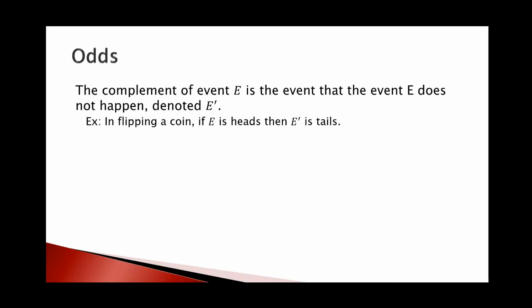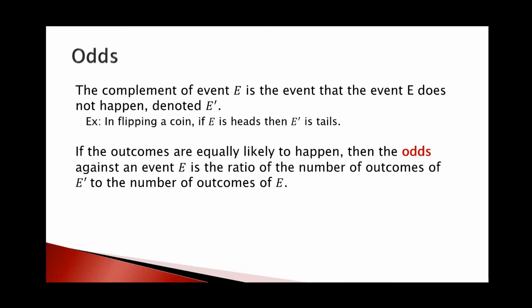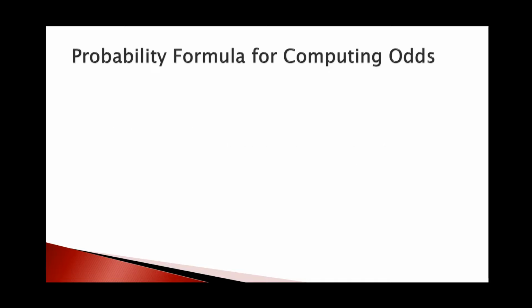For example, in flipping a coin, if the event E is the chance that we'll get heads, then the complement of the event E is the chance that we will get tails. So if the outcomes are equally likely to happen, then the odds against an event E is the ratio of the number of outcomes of the complement of E to the number of outcomes of E.